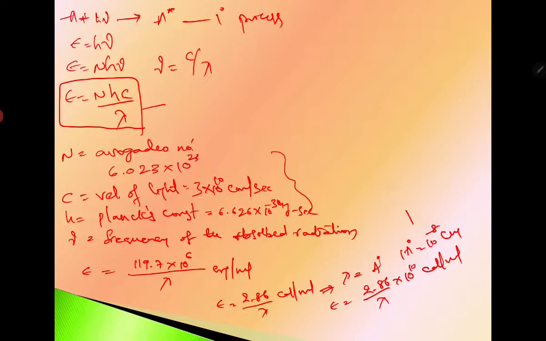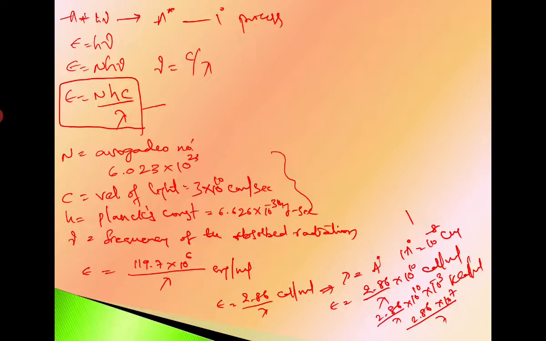Or, multiplying by 10^-3, that is kilocalories per mole. In this way, E = 2.86 × 10^7/λ kilocalories per mole. The energy can be calculated by using this formula, E = Nhc/λ.